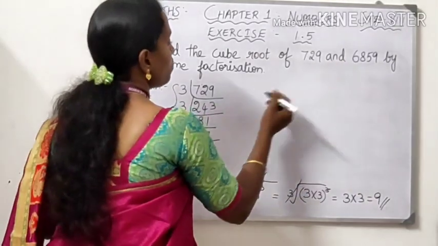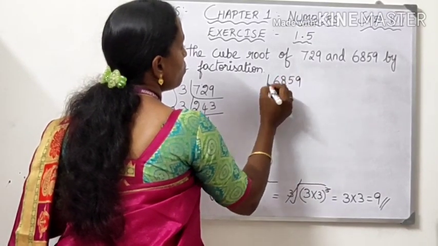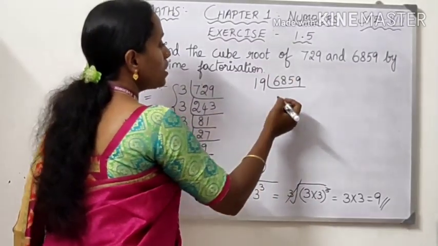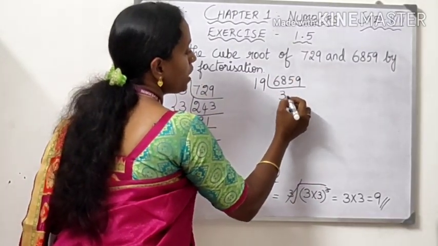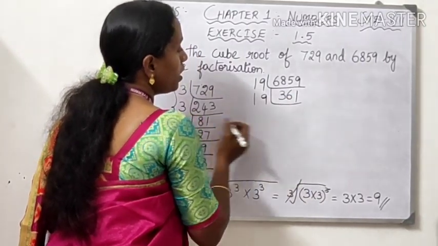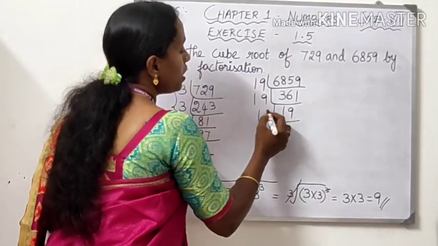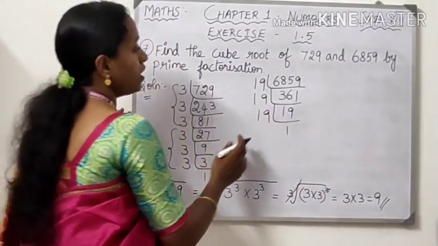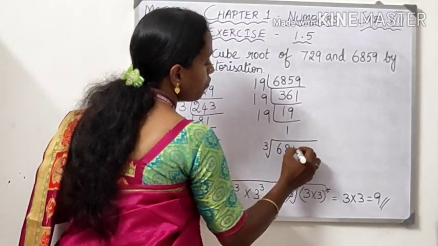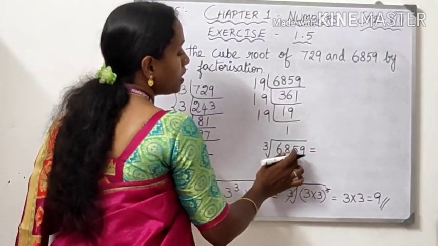Next, we are moving to 6859. So using the prime number 19, we can divide this. If you divide and check, you will get the value 361. Again this 361 will go only in the 19 table. So 19 times 361, then again 19 ones are 19. Now take the cube root of 6859.